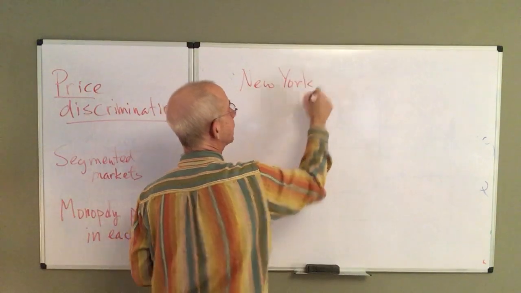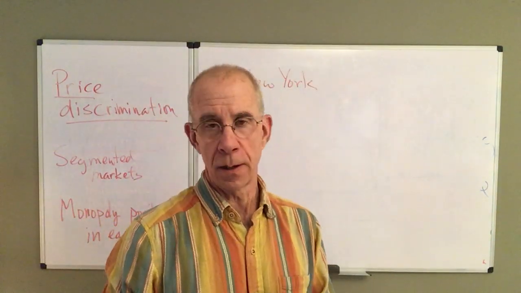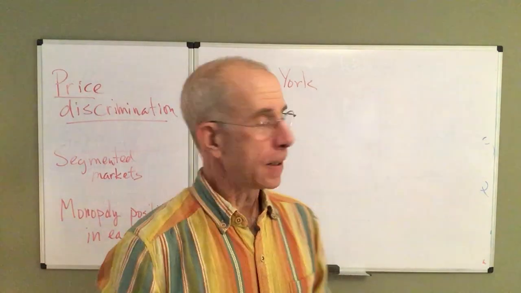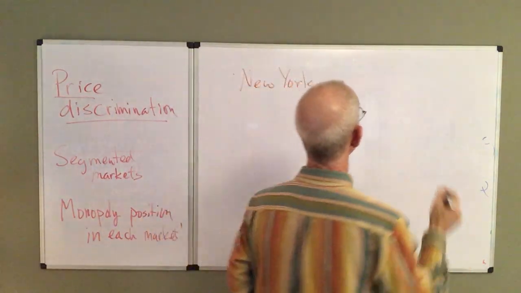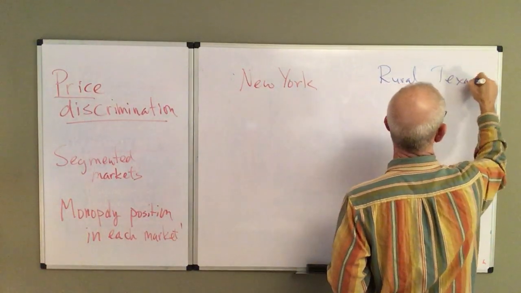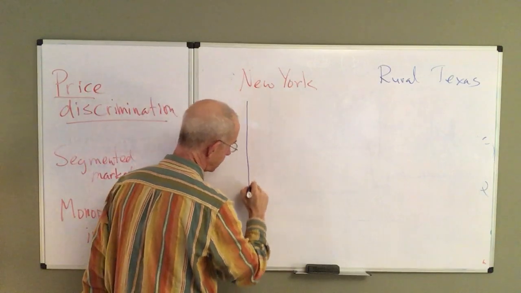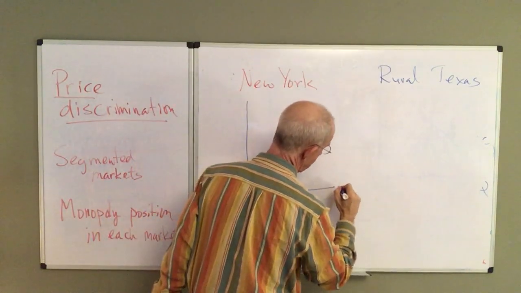And we'll think about the decision of a firm to price in New York and in rural Texas. And I'm going to draw the demand function in each one of these things.